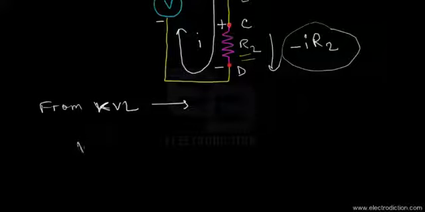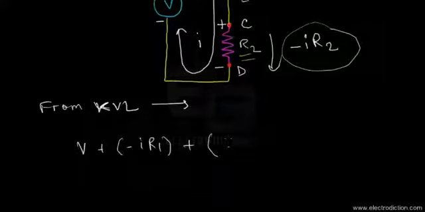So V, minus IR1, and then adding that of R2, that's minus IR2, will be equal to 0.